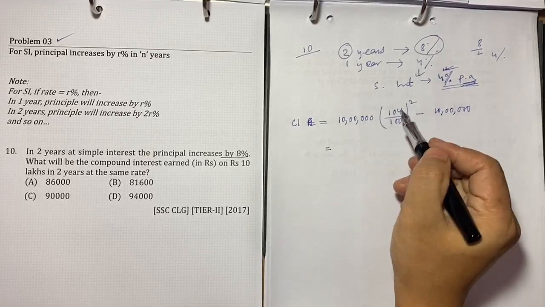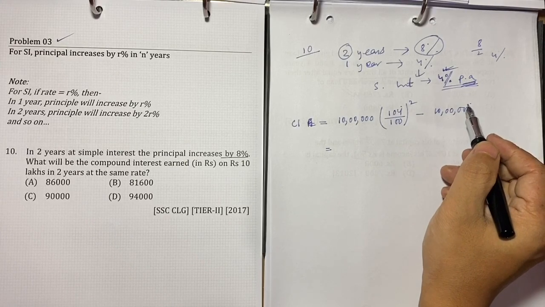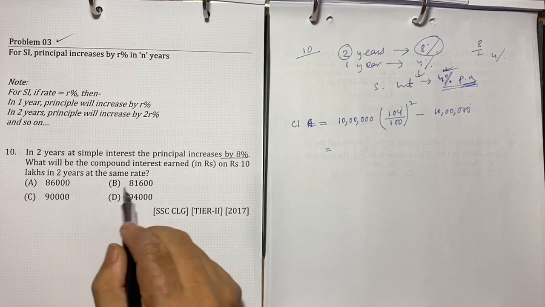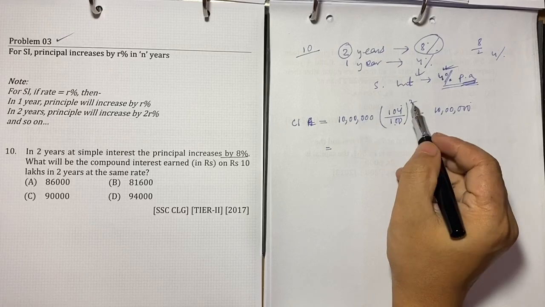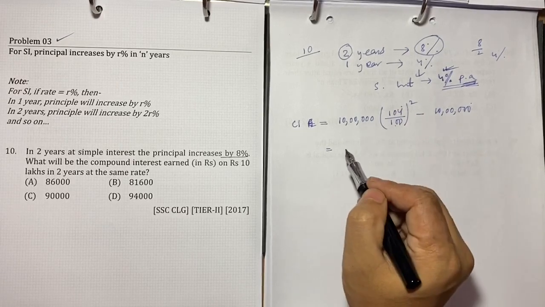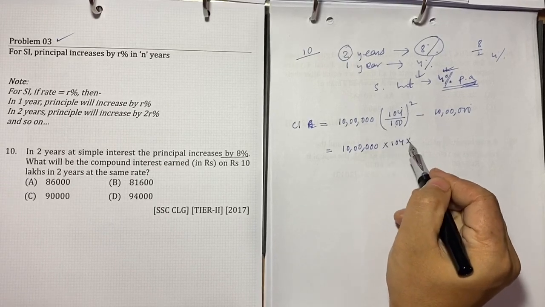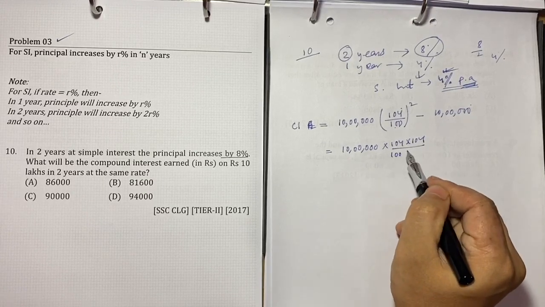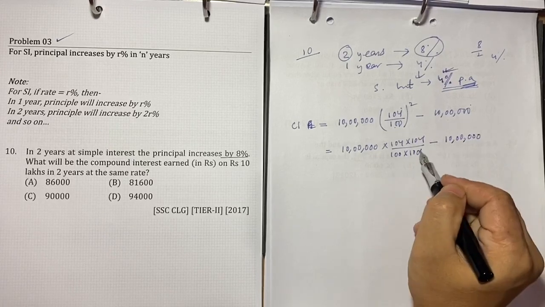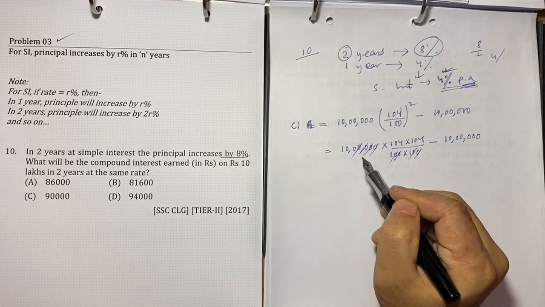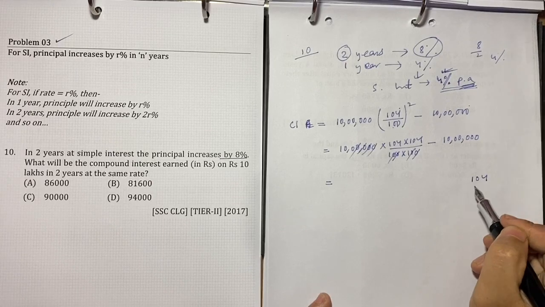Now, 10 lakhs into 104 into 104 divided by 100 into 100, minus 10 lakhs. The zeros cancel.